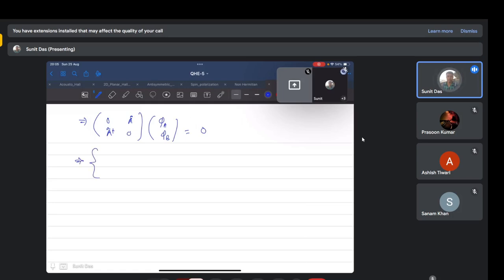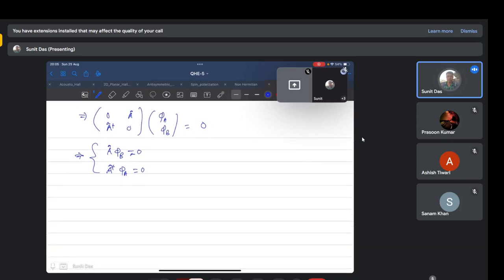I'm not writing the argument of xi. This was simply 0 because energy is 0 in our case. So the above equation gives rise to a phi b equal to 0 and a dagger phi a equal to 0, right?